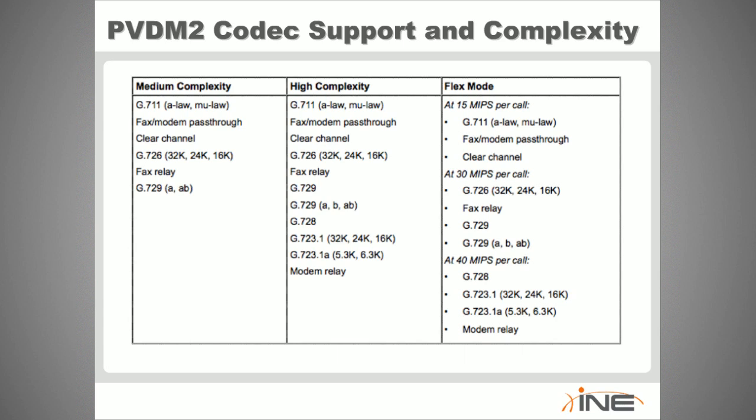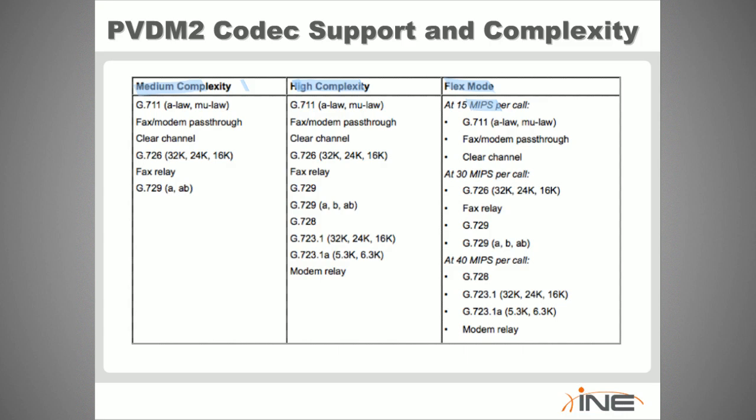However, the voice lab, at least right now, probably for about the next 2 years, still uses the PVDM2s and the ISR routers. So this is a breakdown of where the complexities fall, which we already took a look at, high, medium, and low. This shows us the breakdown of medium and high complexity, and then also flex mode in terms of the millions of instructions per second.